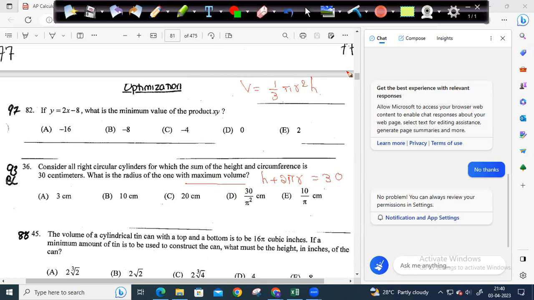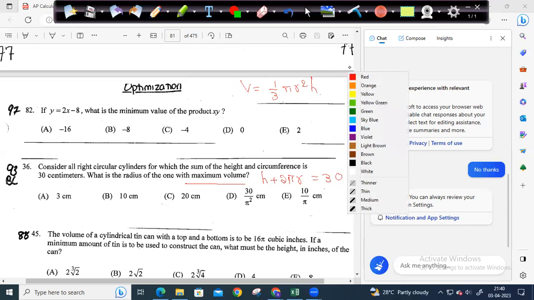So just 1 second. Okay. Perfect. Yeah. So what is the radius with which the maximum volume?